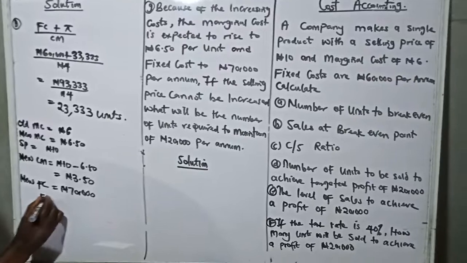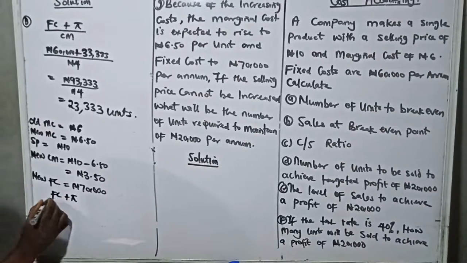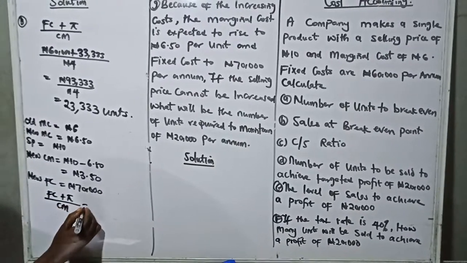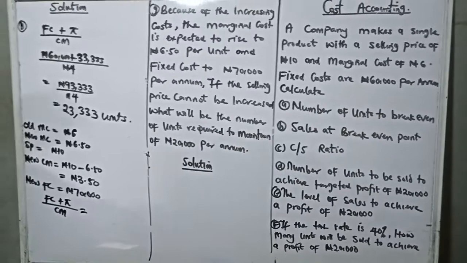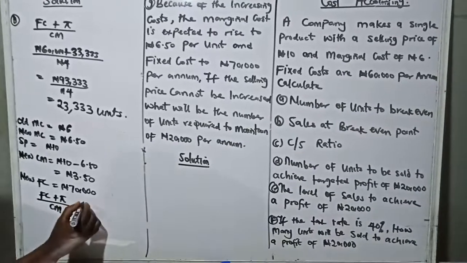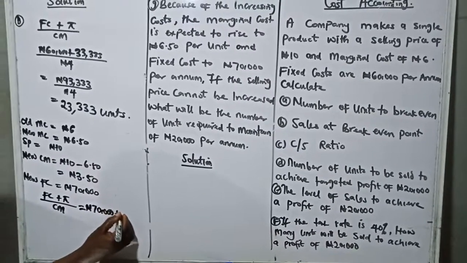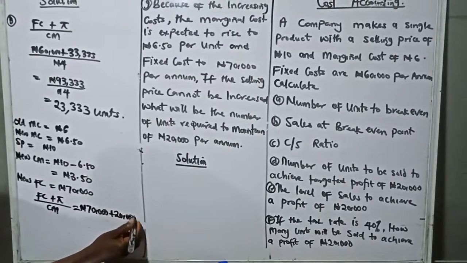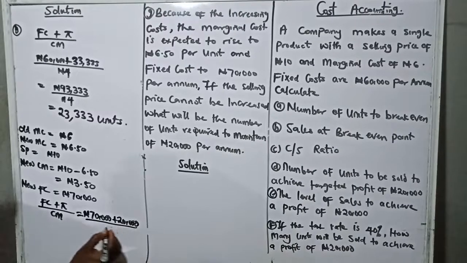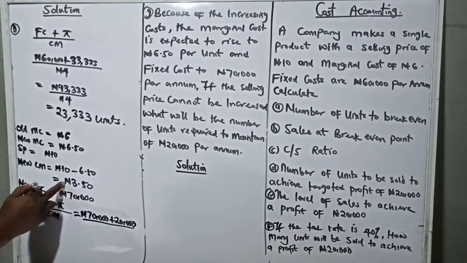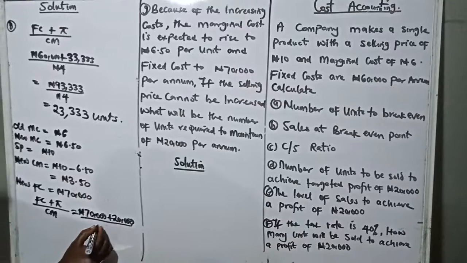So we'll go back to our formula, which is fixed cost plus profit all over CM. Our fixed cost, we are not using 60,000, we are using 70,000. And our profit is 20,000, and there is no tax rate, divided by 3.5, not 4 naira.